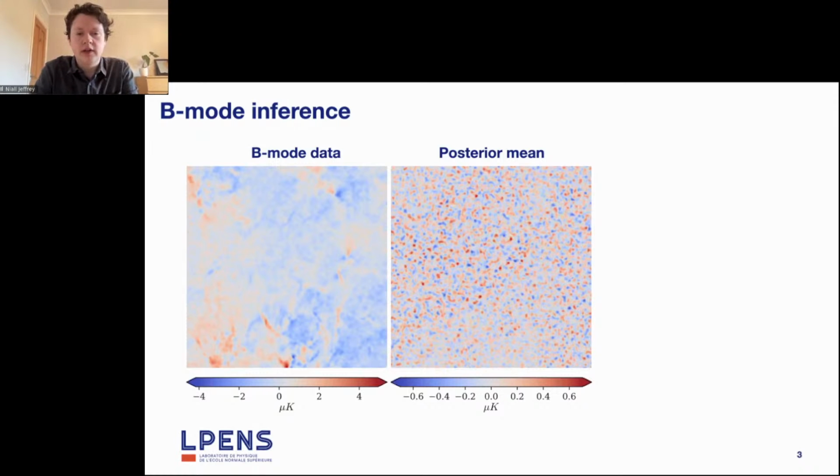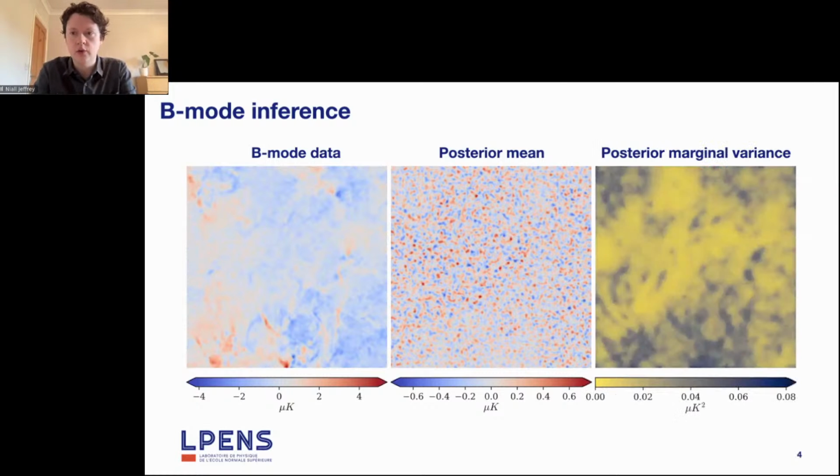And what we're able to get from this, using our approach, is the mean of the posterior distribution per pixel. So we're doing this Bayesian inference at pixel level, and also the posterior marginal variance as well. So we're able to quantify the posterior probability of each individual pixel from this patch of B-mode data using no frequency information whatsoever.